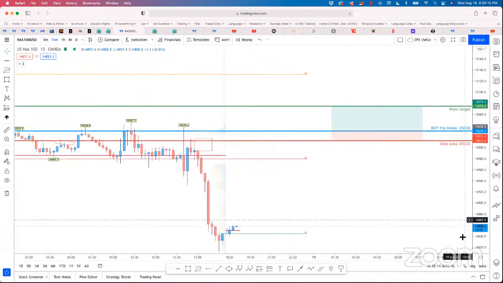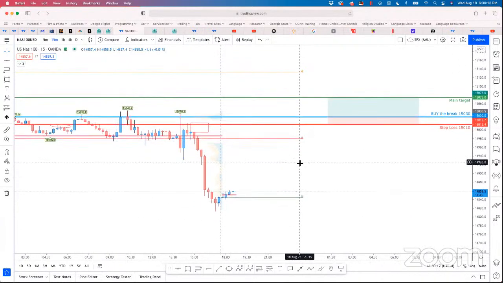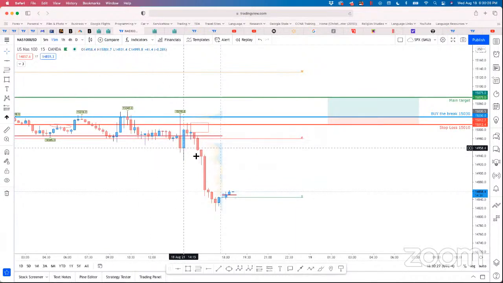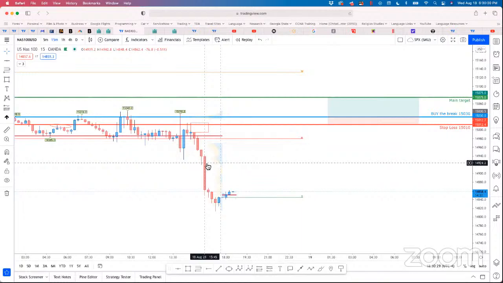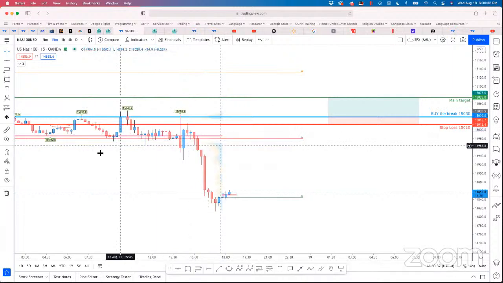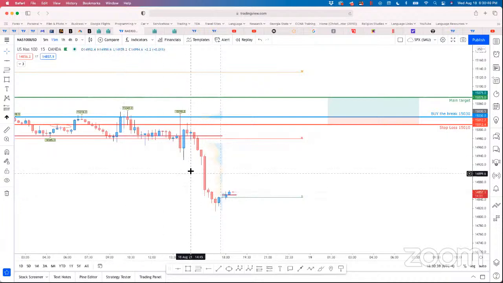Anything after that, you're just hoping and praying, because now you just broke structure right here. You really broke it on this candle. You definitely broke it on this candle. And after that, you're just hoping and praying at that point. This should have been over and done with.